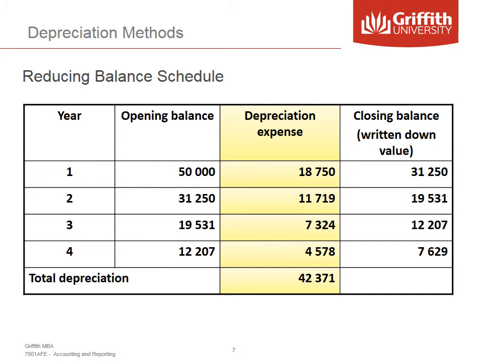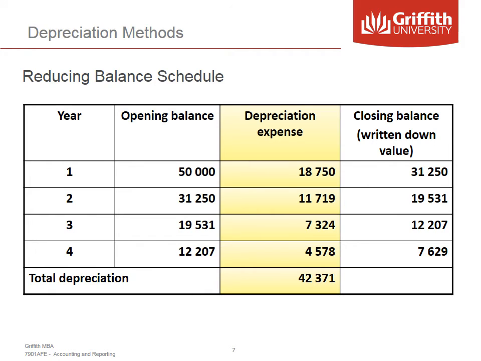And so in the first year we have 18,750 depreciation. In the second year, 11,719. Notice that the written down value declines, of course, very quickly as a result of that in year 1, not quite as quickly in year 2, less quickly for year 3, and really very slowly by the time you get towards the end of its useful life.